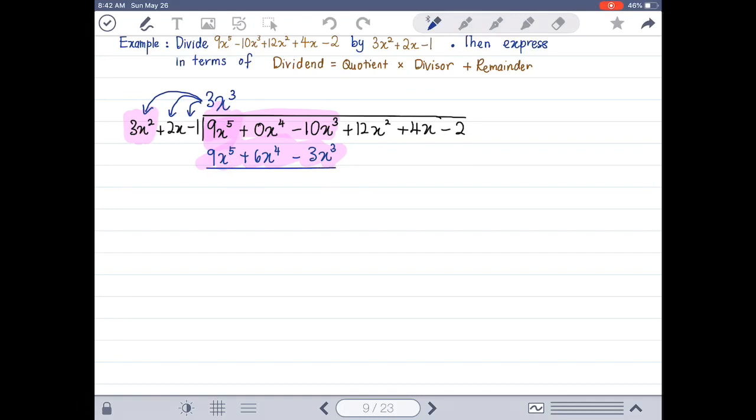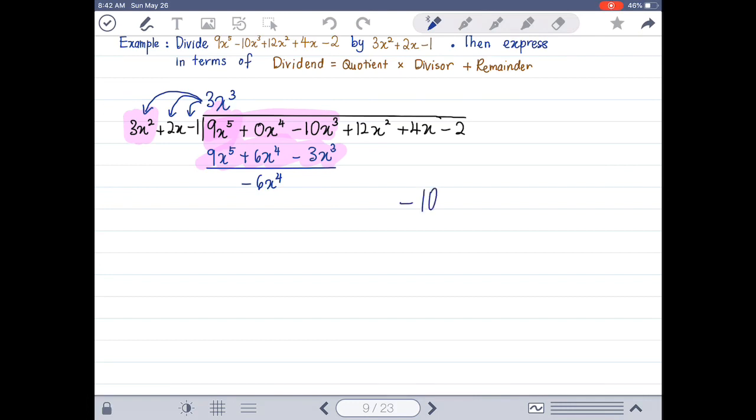Obviously, the first term 9x to the power of 5 minus 9x to the power of 5, we will get 0, but we don't write 0. 0x to the power of 4 minus 6x to the power of 4, we will get minus 6x to the power of 4.